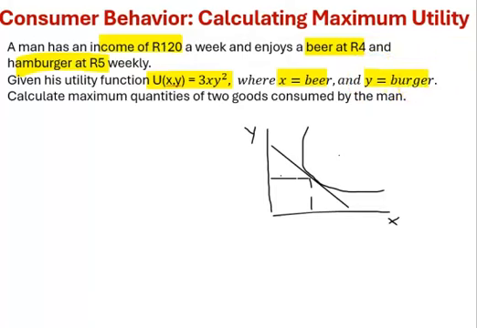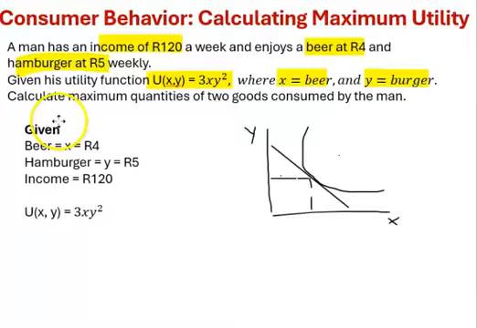So we can now summarize that what we are given is that beer equals x equals 4 rand and hamburger equals y equals 5 rand. We're given an income of 120 and a utility function equals 3xy squared.